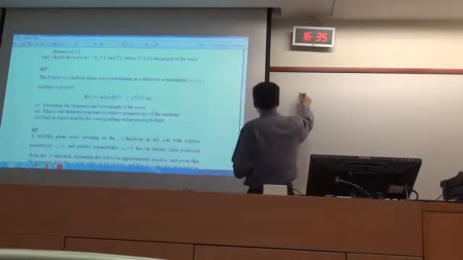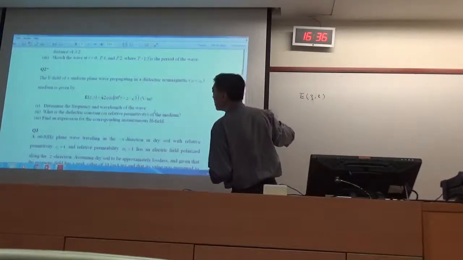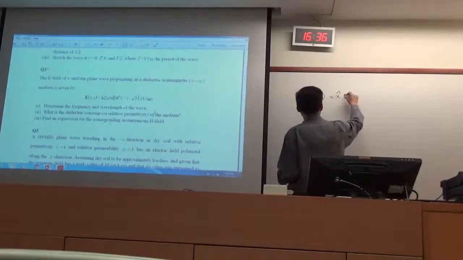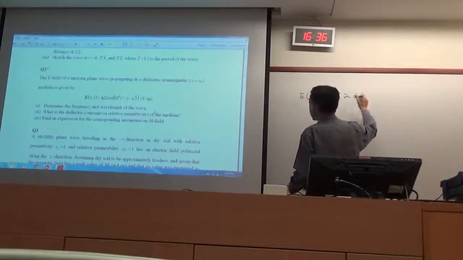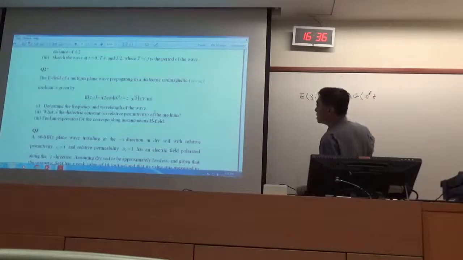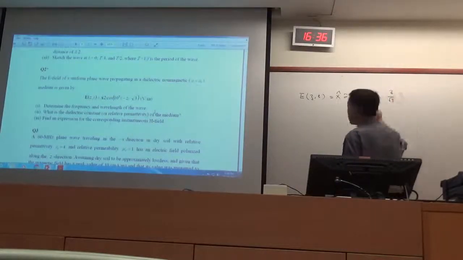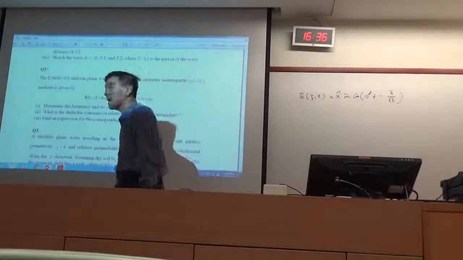Now E(z,t) is equal to x cosine of 10 to the power of 8 t minus z over square root 3. Determine the frequency and wavelength of the wave.